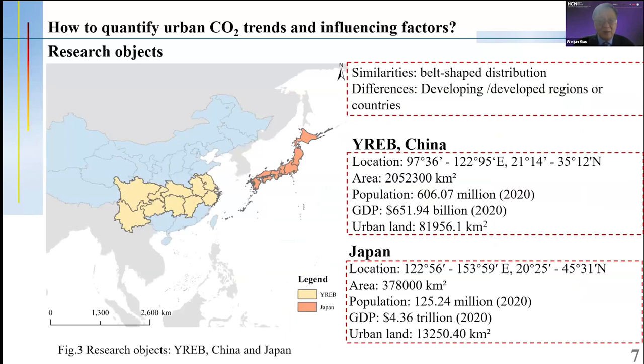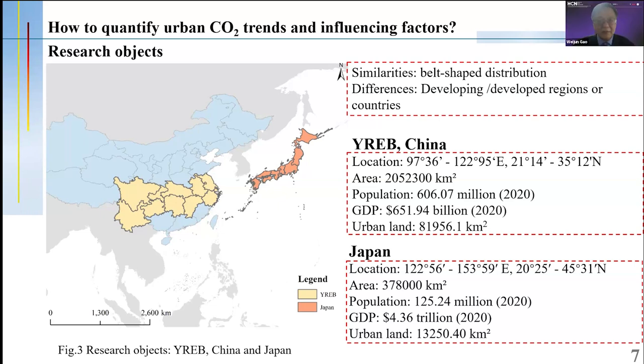Today, I focus on two regions. One region in China is the Yangtze River Delta, including Shanghai city, and another is the whole country of Japan. We have some data here.